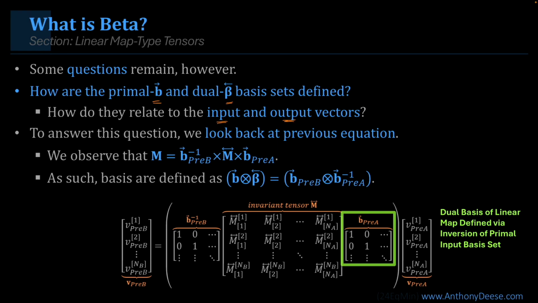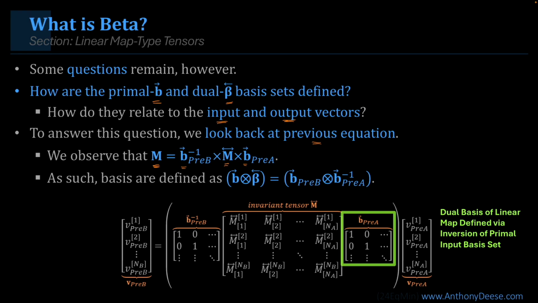And to answer this question, we're going to look back at one of our previous equations. And this is the one that we actually just referenced. We observed that the coordinate matrix M was equal to the inverse of the output basis set times the linear map tensor times the basis set associated with the input.